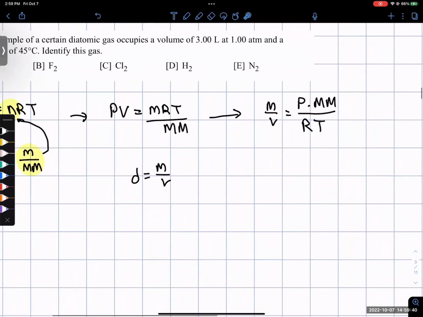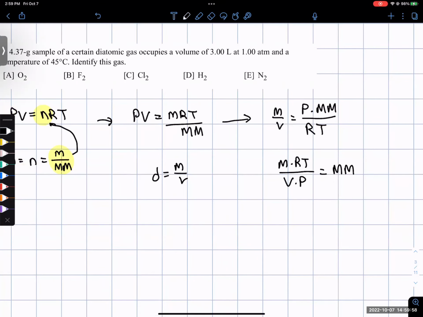Okay, but we're not looking for the density. We should be looking for the molar mass, right? So if I want to solve for molar mass, we just do M times RT over V times P, which is equal to the molar mass. That'll give us the molar mass of this compound.